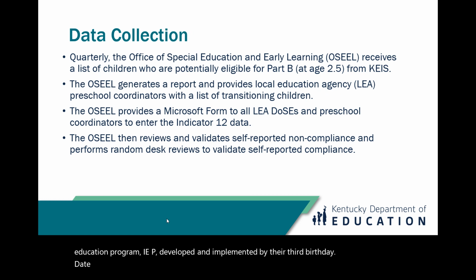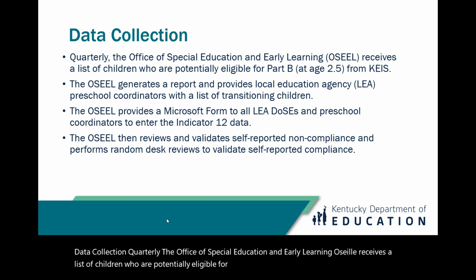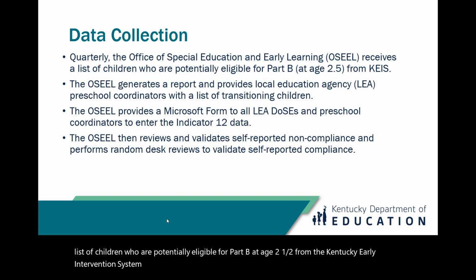Data collection. Quarterly, the Office of Special Education and Early Learning, OSEEL, receives a list of children who are potentially eligible for Part B at age 2.5 from the Kentucky Early Intervention System, KEIS.